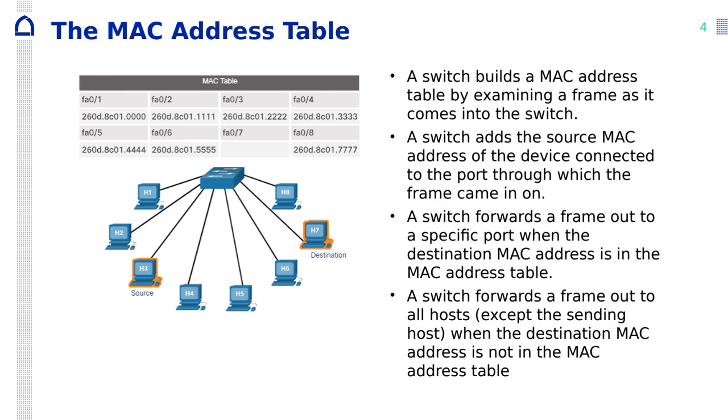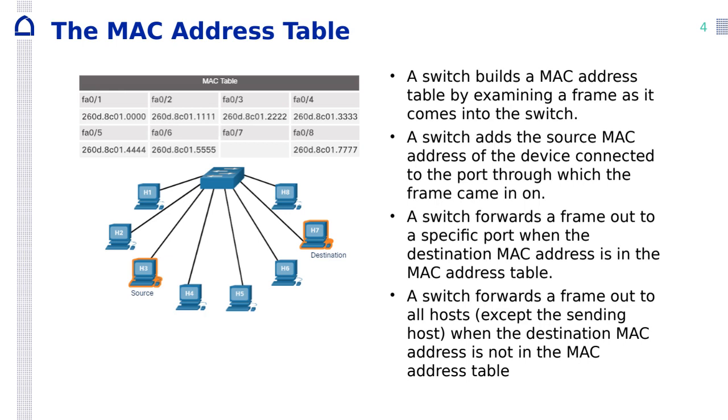So if you look, let's see here. This is a switch. Each port of the switch is called a port. So this one is called FA0/1, FA0/2, FA0/3. Okay? All right?